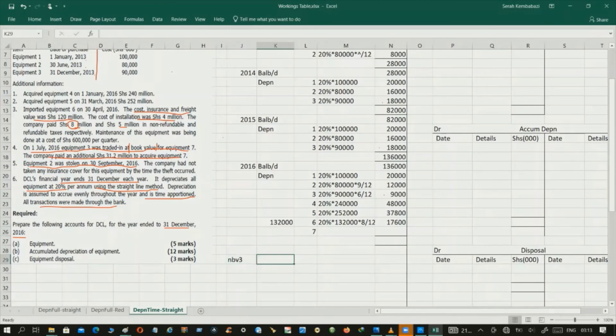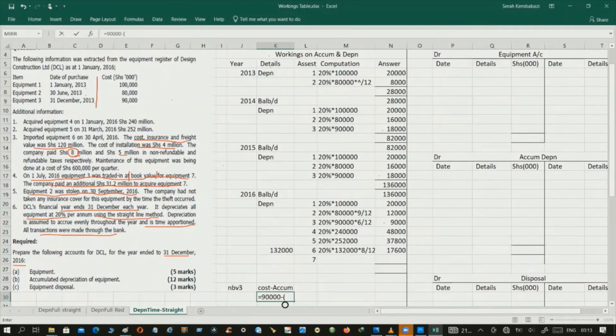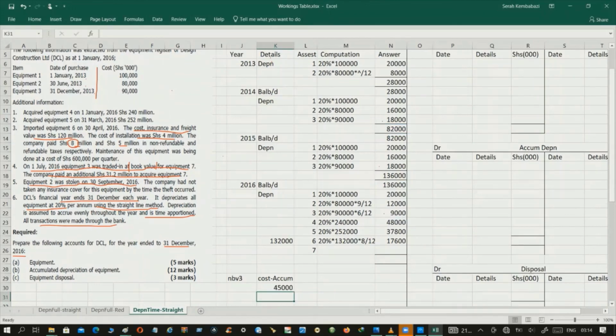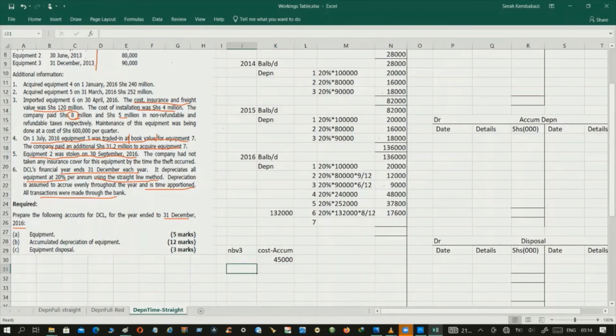In order to know the cost for equipment 7, we have to find the net book value for equipment 3, and the formula is cost minus the accumulated depreciation we've been computing from the start of 2013. So the full cost for equipment 3 was 90,000, and the accumulated depreciations from 2014, we have a value of 18, plus that of 2015, which was 18 again, plus that of 2016, which was 9,000 this time round.